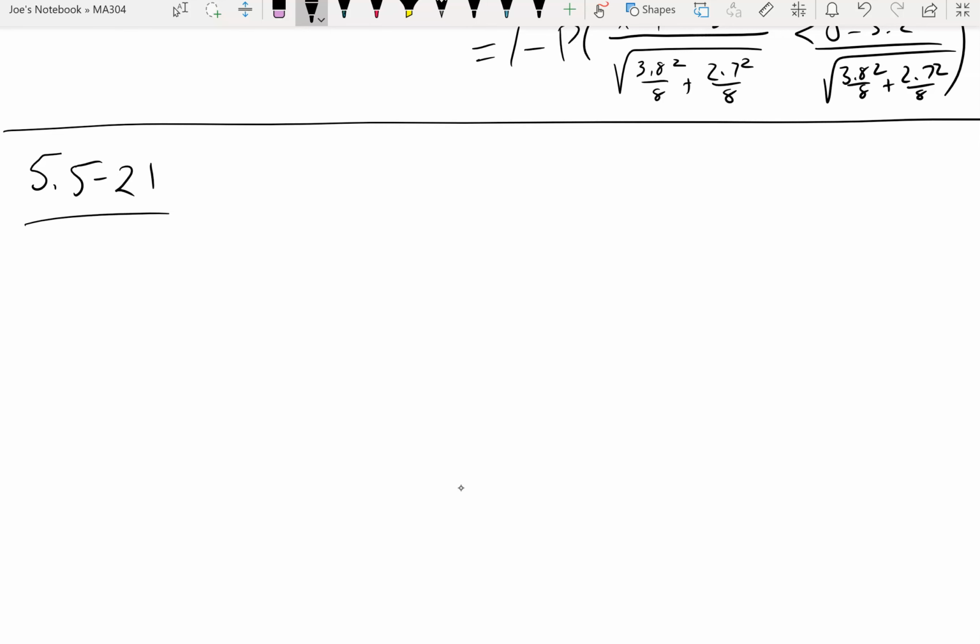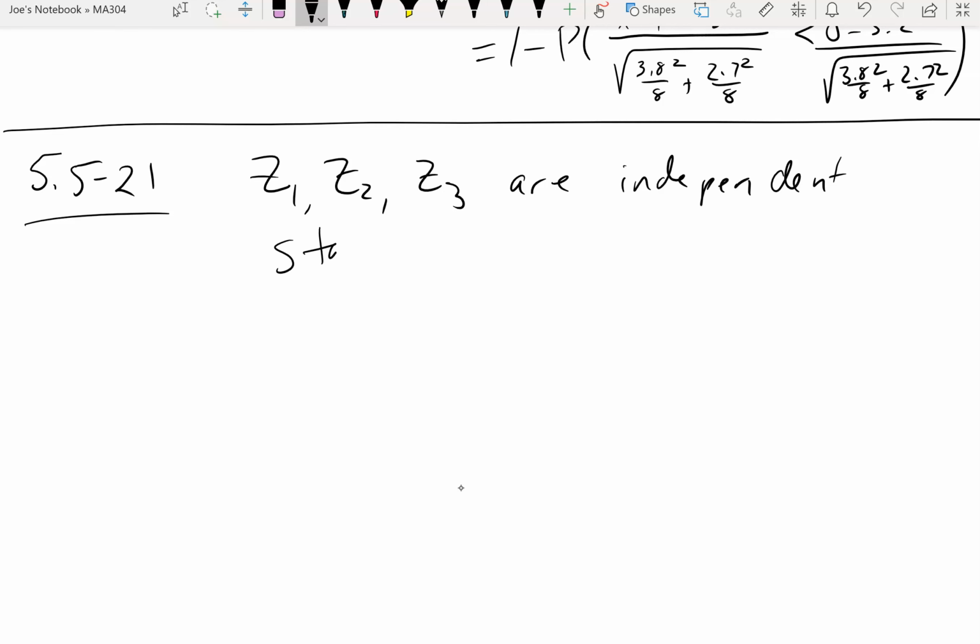So let's look at 5.5-21. We have 3 standard normal distributions, Z1, Z2, Z3. They're independent and they're standard normal.